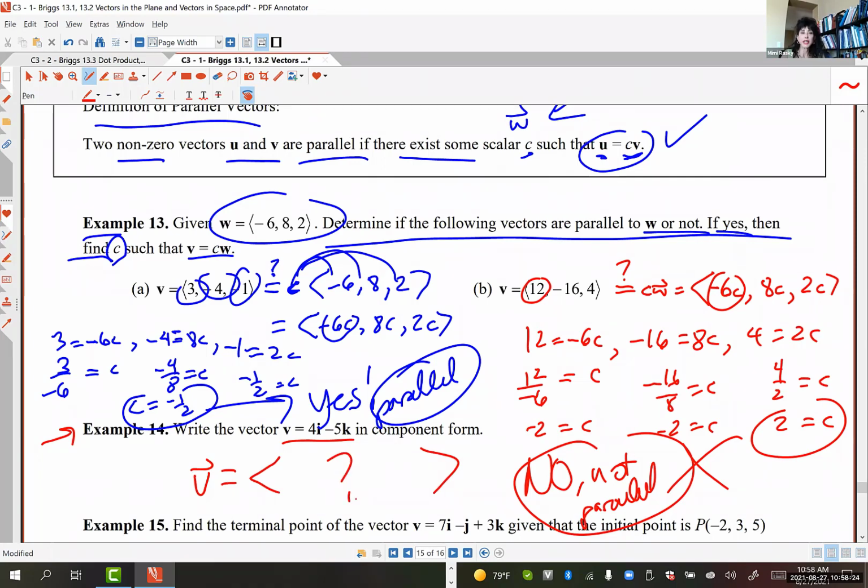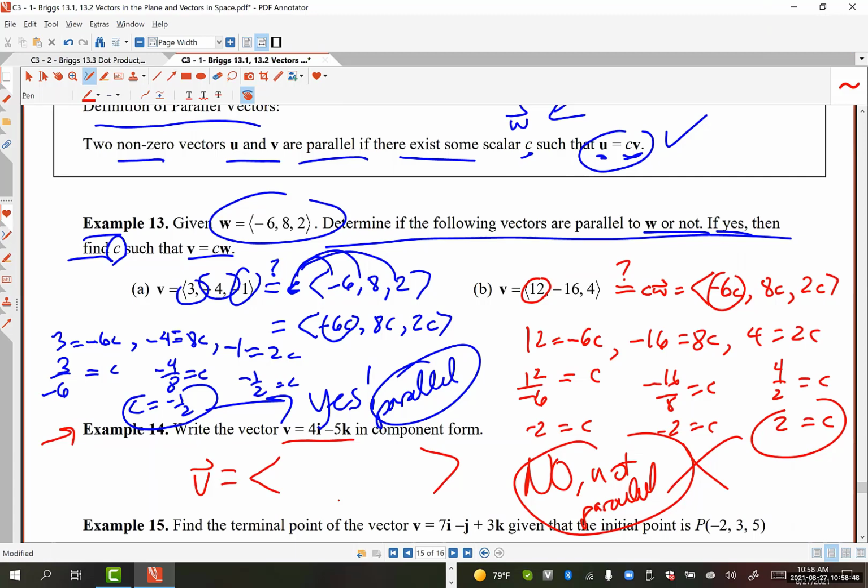Component form means we use angular brackets. Anybody have an idea? We just multiply it by 1, 0, and 0, 1 for the I and K. Well, you could. That'll help. That would be an intermediate step. There's a quicker way.